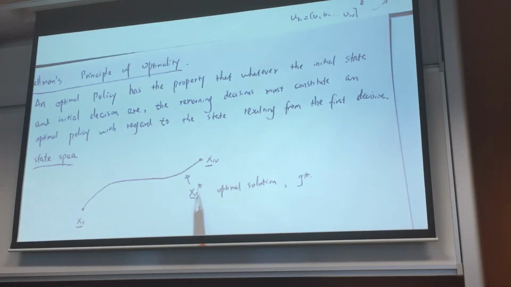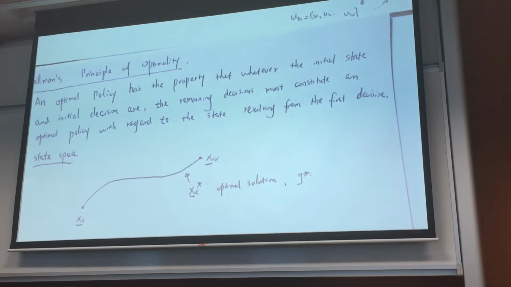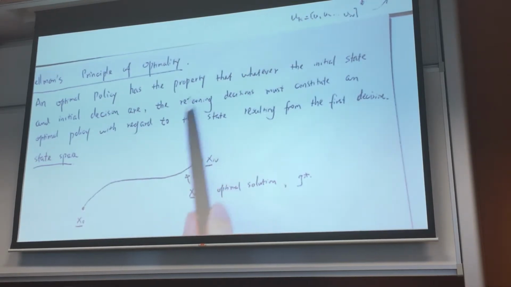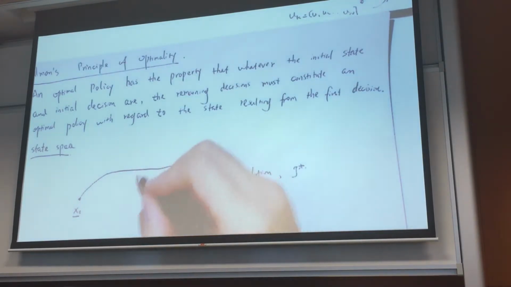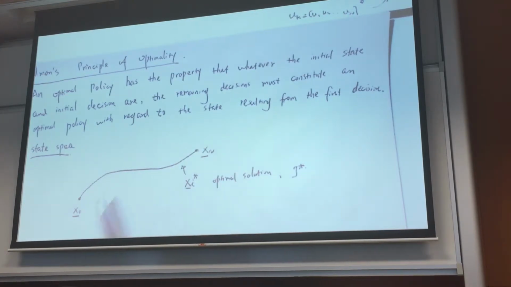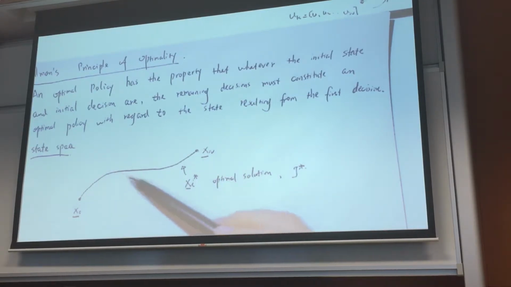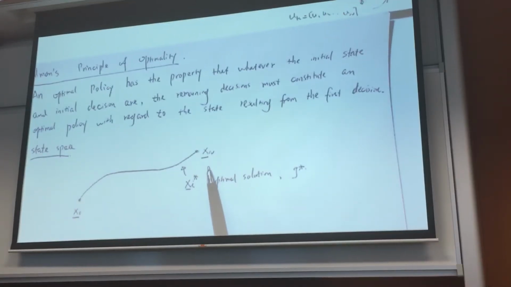So we have the solution xi star and then this V star. The principle of optimality tells us if we choose an arbitrary state xk, although the trajectory is unknown before we solve the problem, there is definitely a trajectory corresponding to the optimal solution.